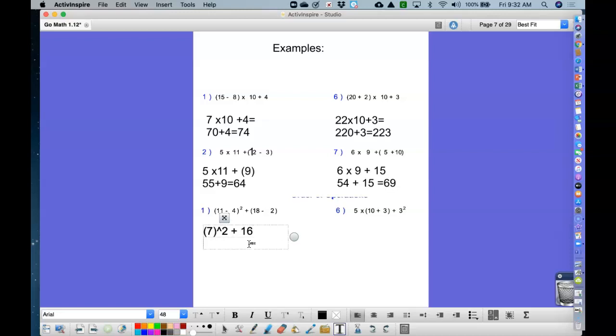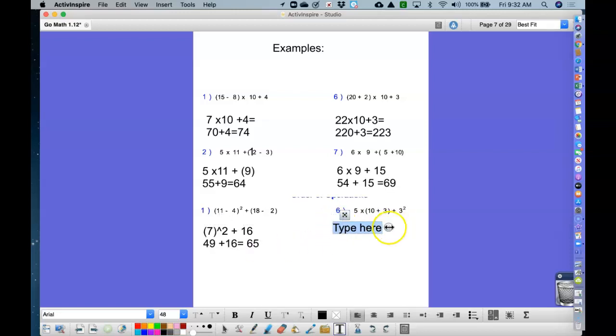Now I need to do exponents. 7 to the exponent of 2 is 7 times 7, which is 49. And then finally, I need to do 49 plus 16, and 6 plus 9 is 15. I carry the 1, 4, 5, 6, so this is 65.